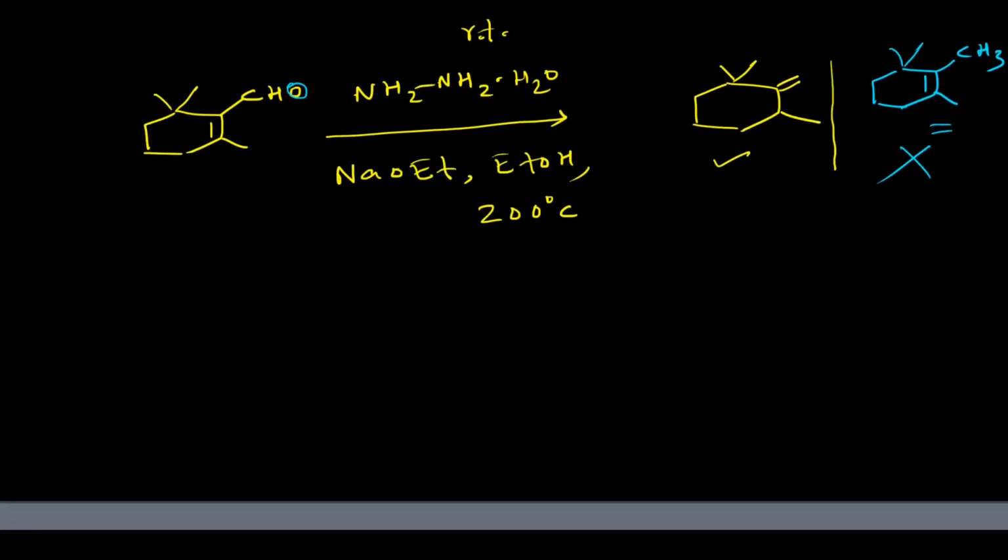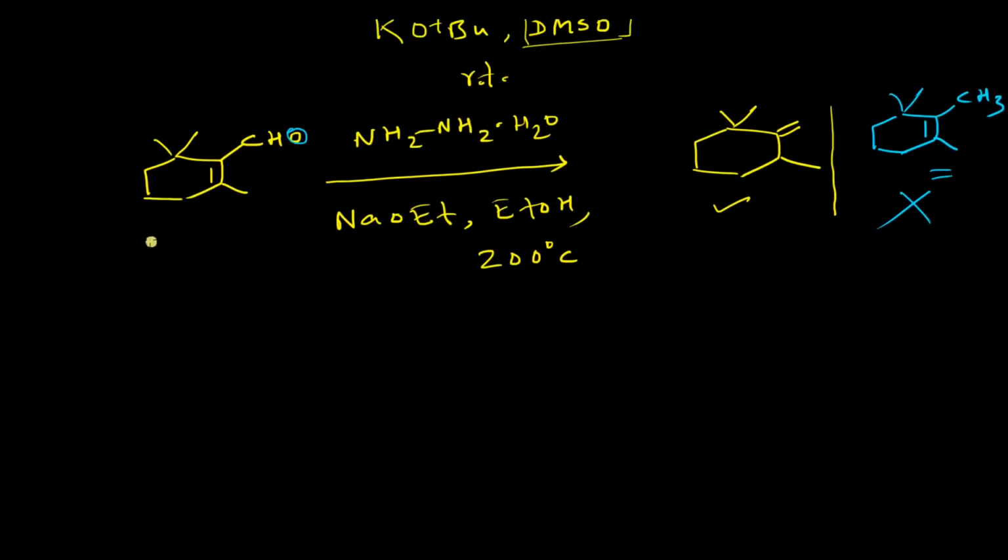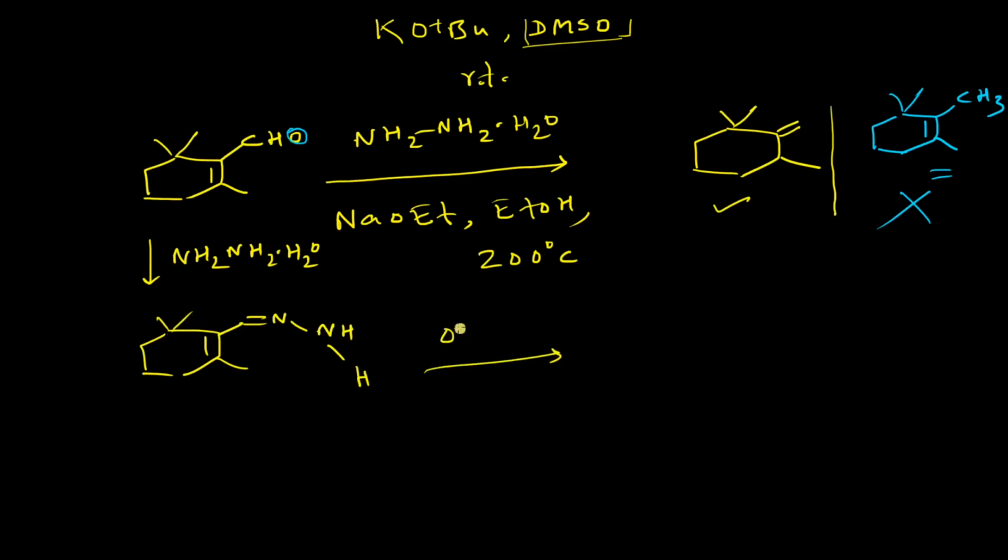To understand that, we have to consider the mechanism of this reaction. So initially the hydrazine hydrate will react with this aldehyde and it will give us the corresponding hydrazone derivative, and then the base will abstract this particular proton from the nitrogen center, and this will result in the formation of this particular intermediate.